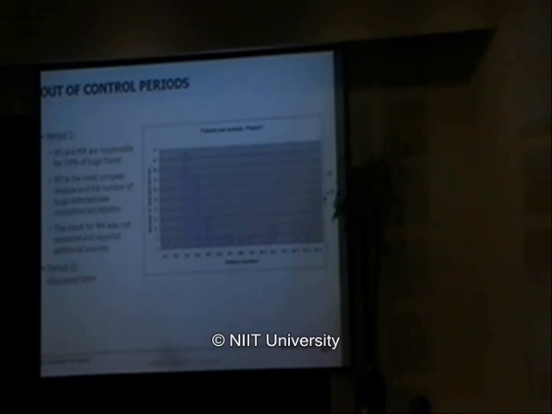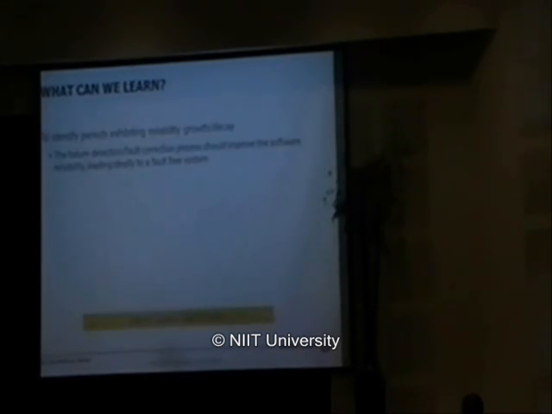This is one example, and the second period I'll talk about later. So this is the different software modules and how many defects were found. There are other methods where, based on the complexity of the software, you have some estimate of how many bugs you should find and so forth. Okay, so you use control charts.